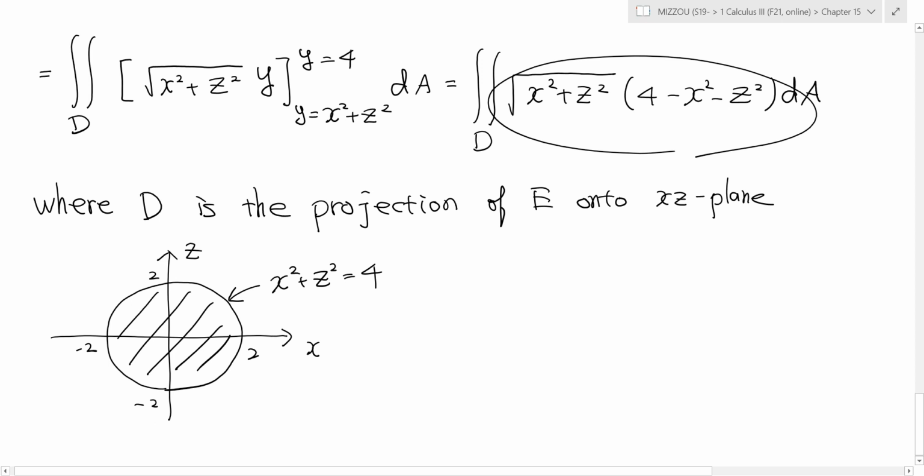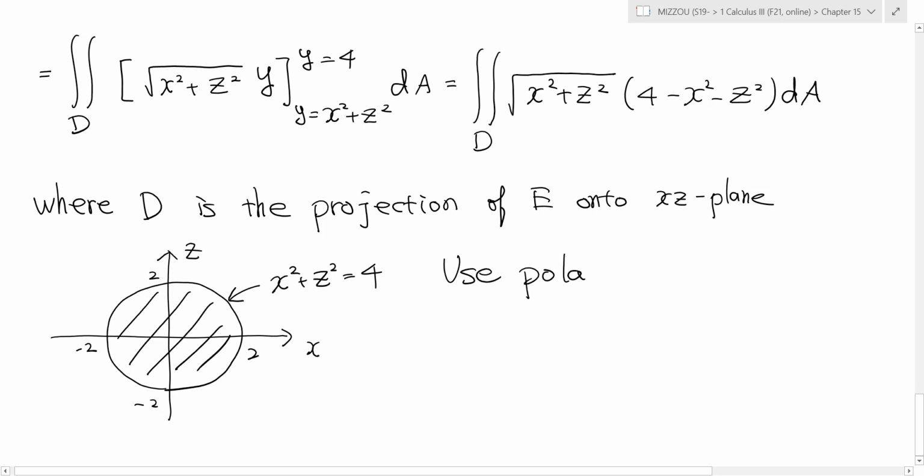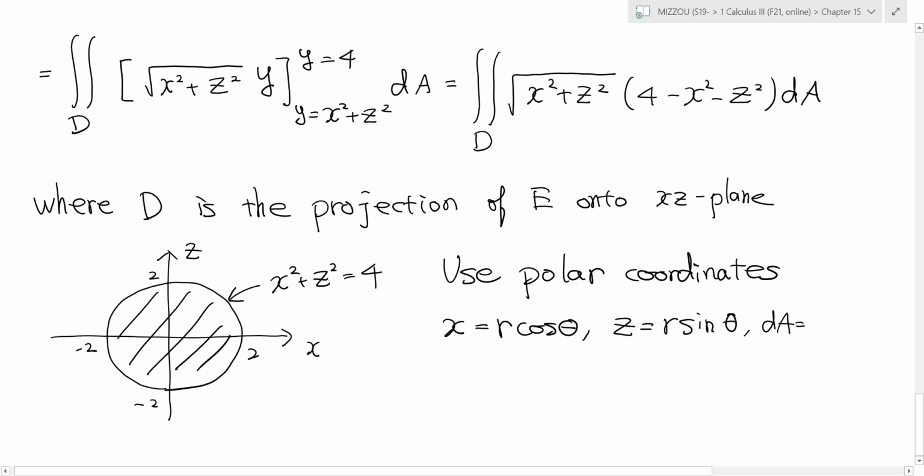And since we have a disk, when you double integrate this kind of region, what we use is polar coordinates. But in this case, we have x and z. So x is equal to r cosine theta, and z is equal to r sine theta. And then dA is r dr d theta. Don't forget this little r here.